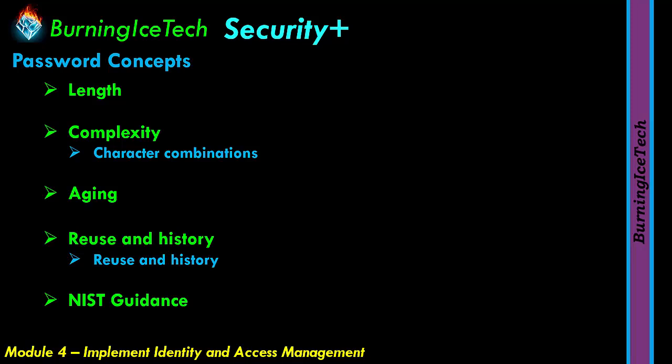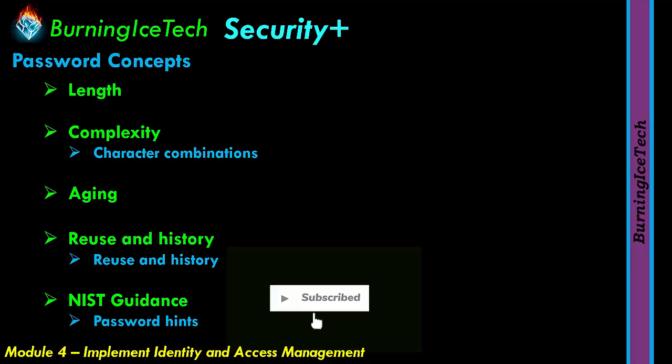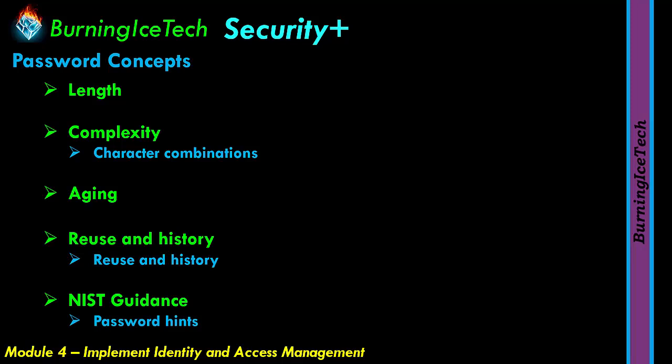Other things that are recommended, just to grab at random straws here, is if you look at things like password hints. A lot of websites and computers and platforms these days have some form of password hint you can implement to help remind people of what their password is if they can't remember it. Now, this National Institute of Standards and Technology recommends that people do not put the password in the hint. I mean, you would think that would be obvious, but you'll be surprised to know how many people will actually put the password in the actual hint.